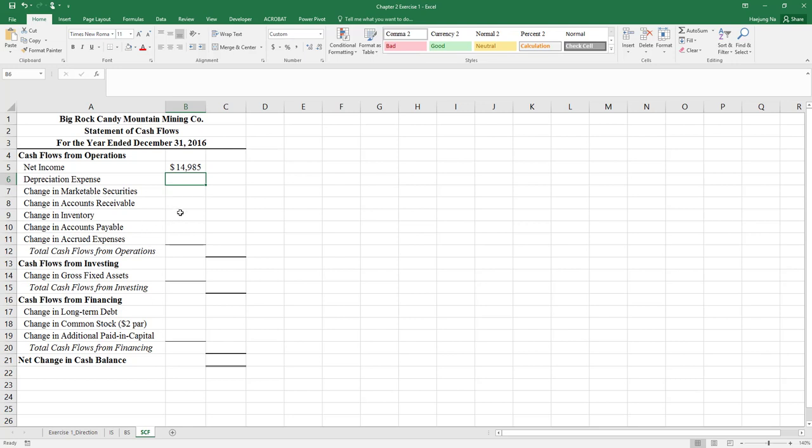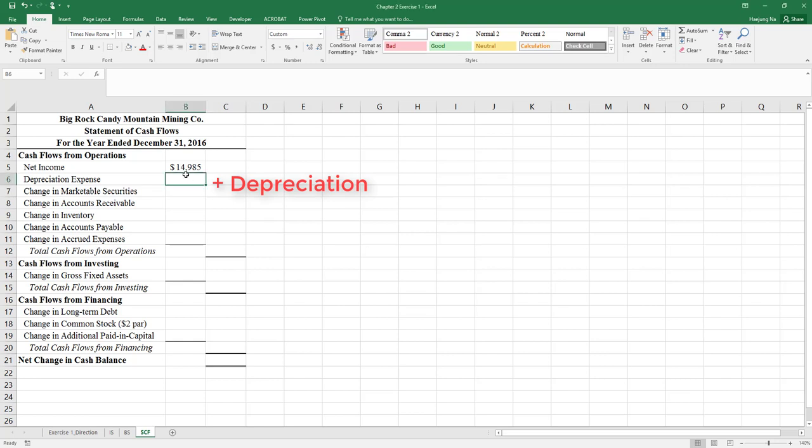So depreciation expense, if you think about it, is an expense calculated on an accrual basis, but not on a cash flow basis. What it means is there was no cash outflow involved when we're calculating depreciation expense. So if we wanted to calculate cash flows, what we would have to do with depreciation expenses is nullify that effect or add it back.